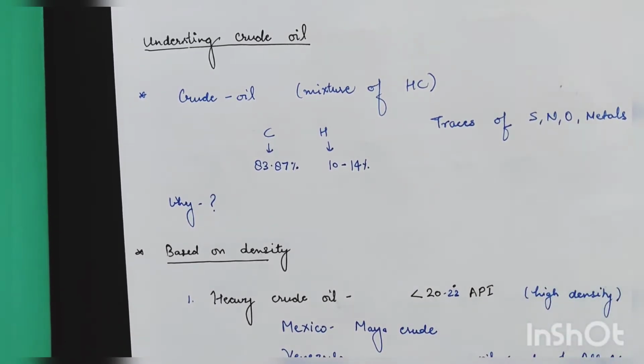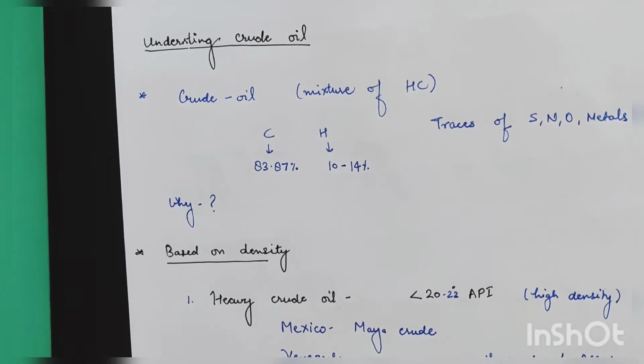I am making this series in order to clear the basic understanding of refinery and what all units are there in refinery, which crude oil is processed in which refinery, what are the steps of distillations, and to clear the basic understanding of refinery.